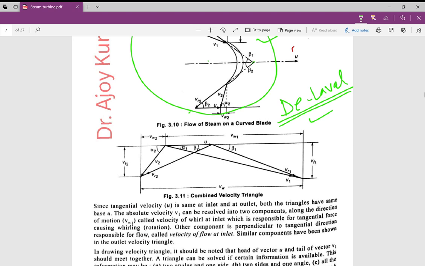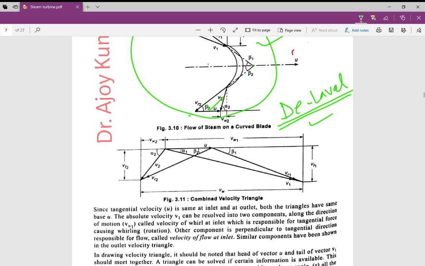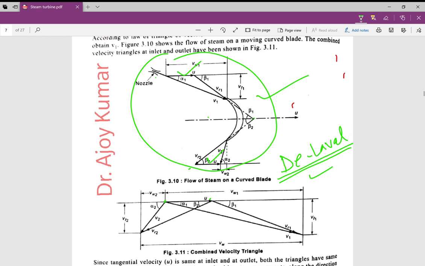This is a combined one. So U here and here also. The combined velocity triangle is drawn from this point to this point. This is your head of U. Right. Now from head of U, if you look at here, this same line is copied over here for VR1, right?